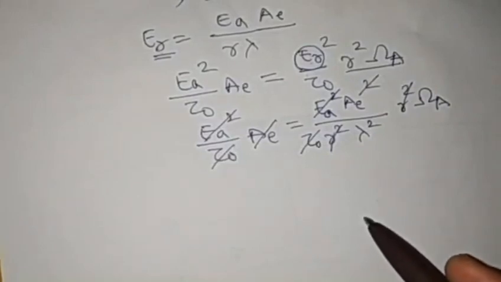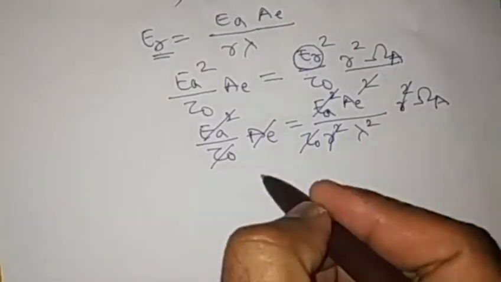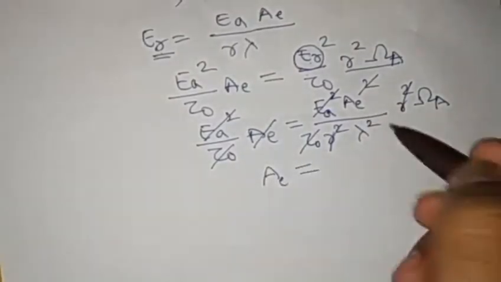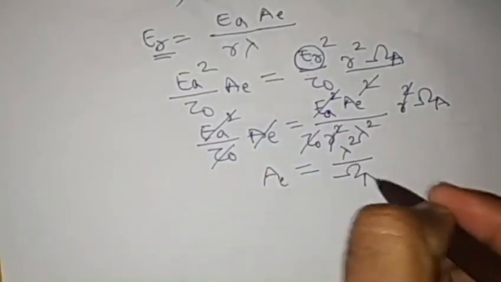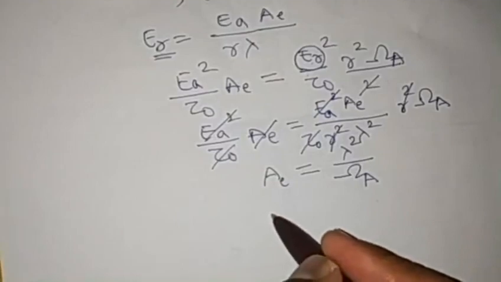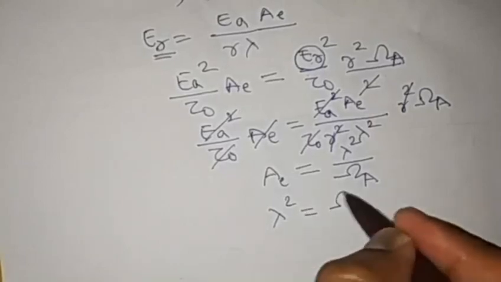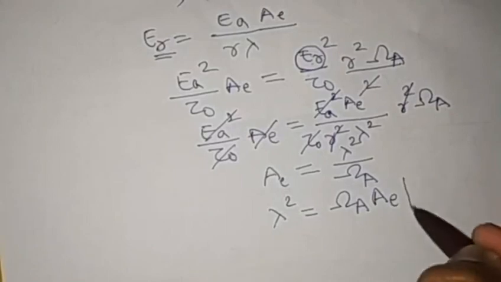So what remains from this equation is the term AE is equal to this lambda square divided by omega A, which can be written as lambda square is equal to omega A into AE.